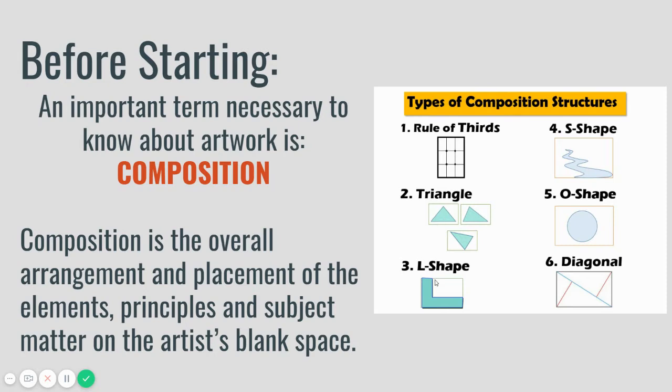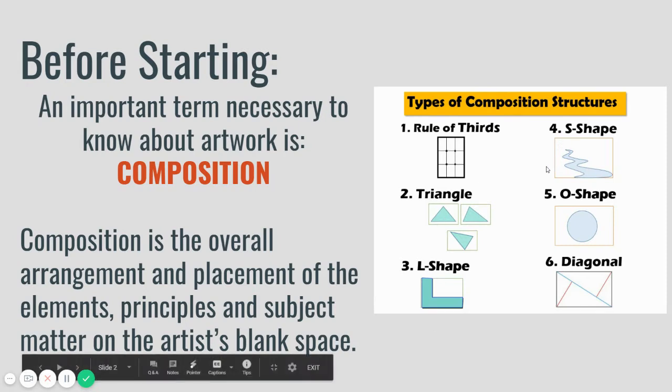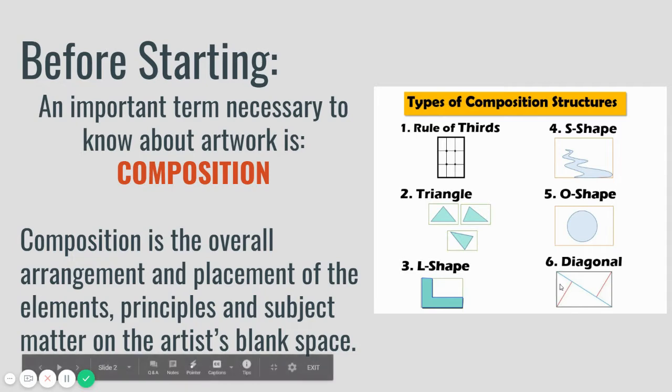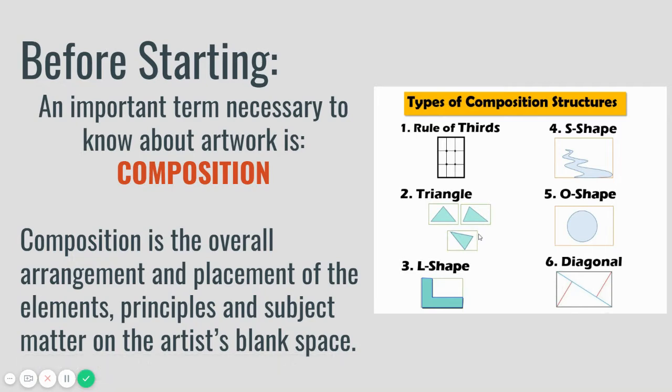And we have L shapes, S shapes, ovals, and diagonals. And again, the bulk of the subject matter, the bulk of the elements and principles, will be structured in these arrangements and shapes. Okay, so I really needed you to understand this term first.